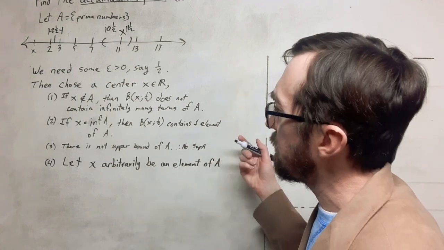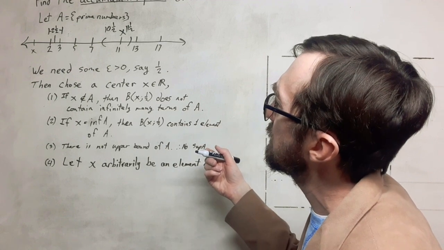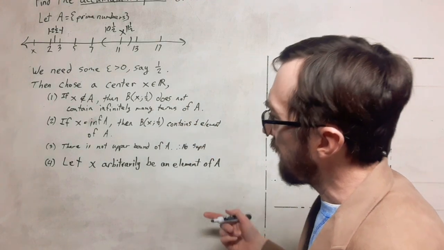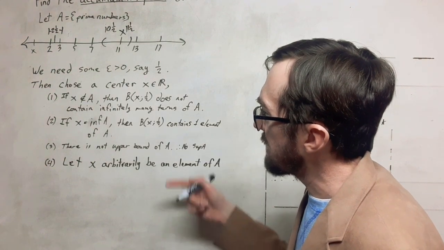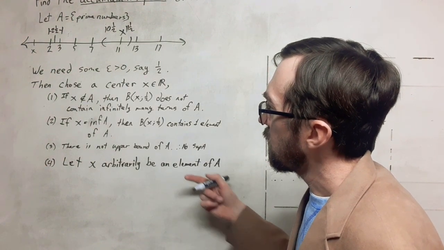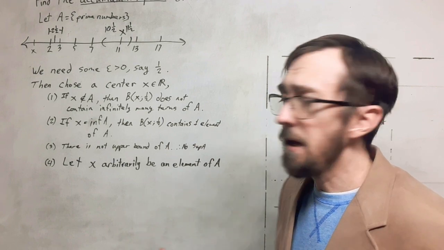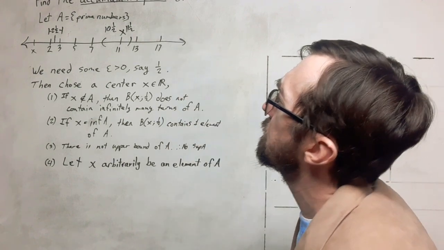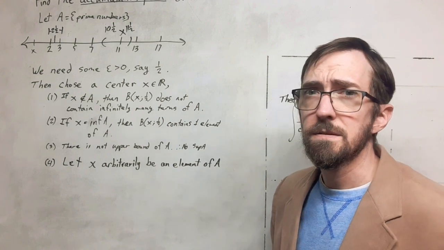We can at this point conclude, since 1, 2, 3, and 4 fail to contain elements or multiple elements of A, there are no accumulation points for the set A.